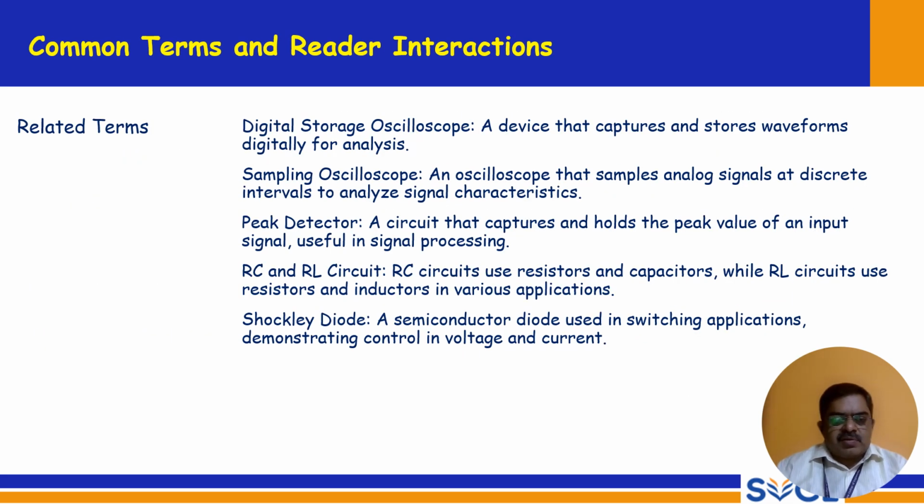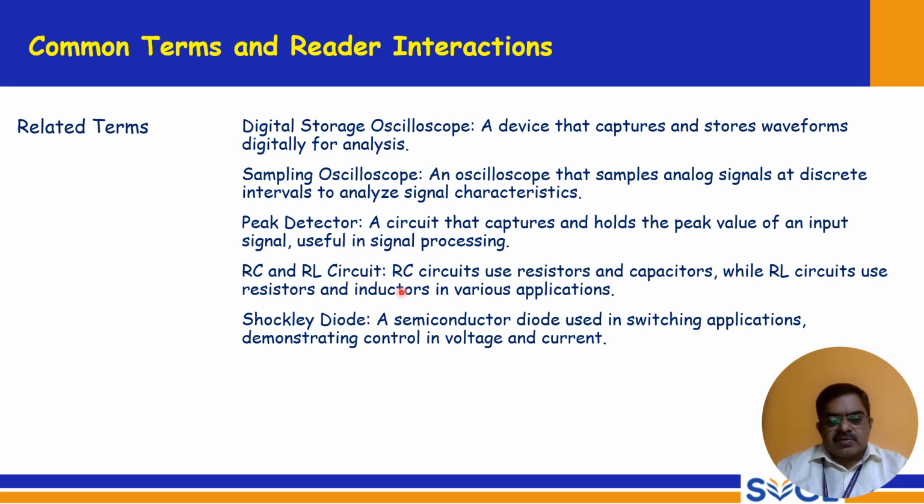Here are a few terms which are necessary to know. Digital storage oscilloscope: a device that captures and stores waveforms digitally for analysis. Sampling oscilloscope: an oscilloscope that samples analog signals at discrete intervals to analyze signal characteristics. Peak detector: a circuit that captures and holds the peak value of an input signal using signal processing.